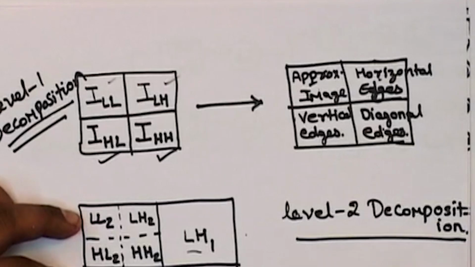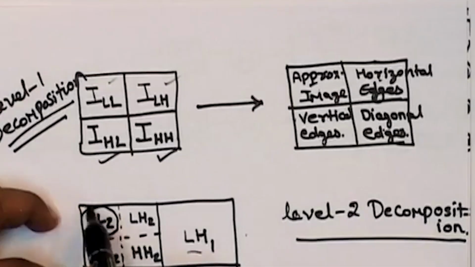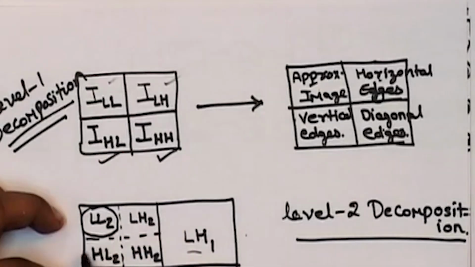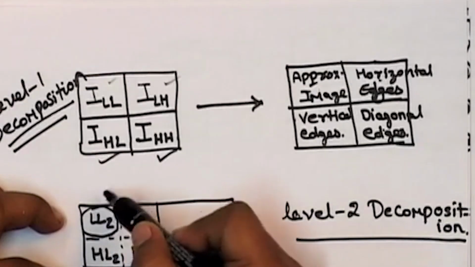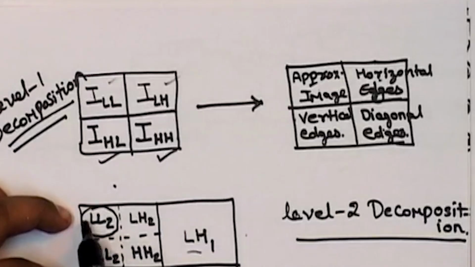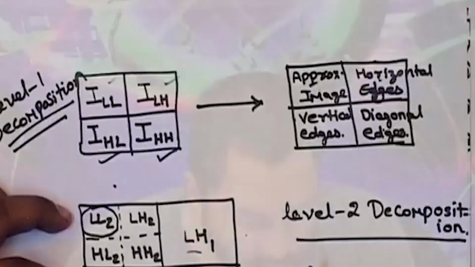If we want, we can repeat this process again on this LL2 part. As we have discussed before, the maximum information after the second level of decomposition would be contained in this LL2 part. If we perform another decomposition on this LL2 part, then we will say that it is a level 3 decomposition.